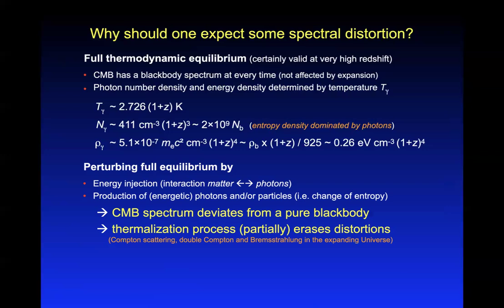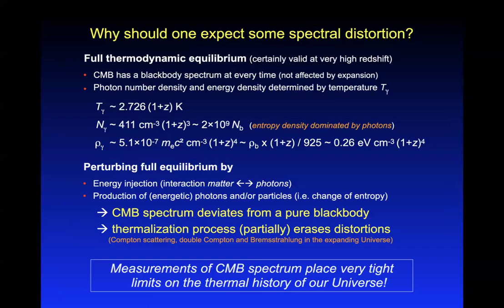The most important ones relevant to the thermalization of spectral distortions are Comptonization, double Compton, and Bremsstrahlung, and that all in a homogeneous expanding background. So this picture immediately tells you that when you look at spectral distortions, you're actually learning about the thermal history of the universe, so energy release processes and things that perturb your equilibrium.